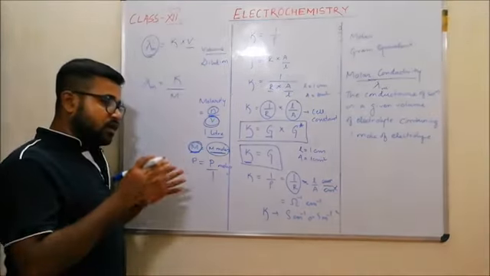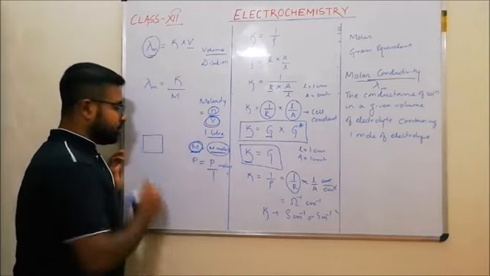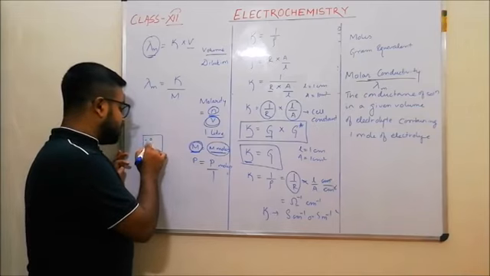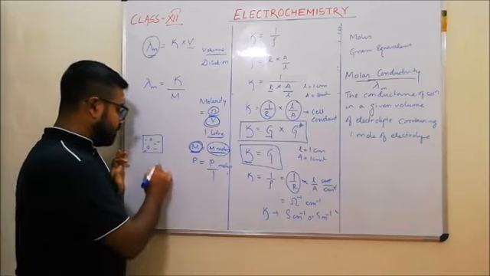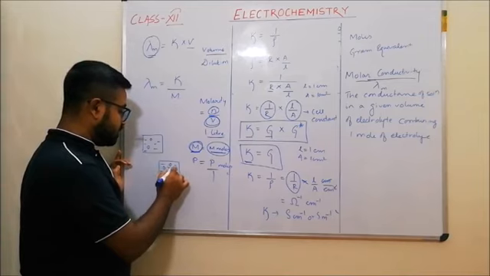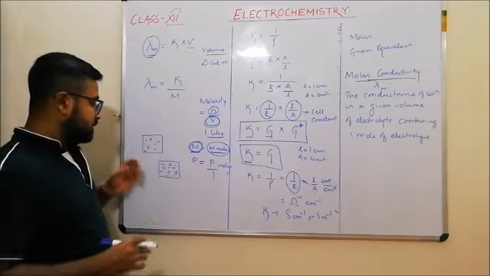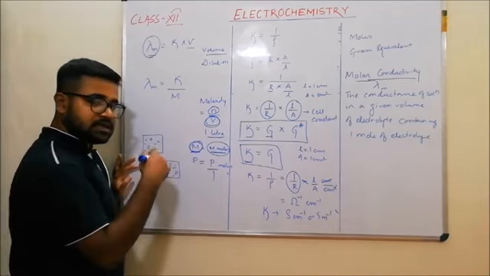But we know that in a fixed volume, suppose this is the initial volume, at that time there are two ions. Now the volume is fixed and we have increased the number of moles. According to this, the number of moles has increased, means the concentration of the solution has increased.